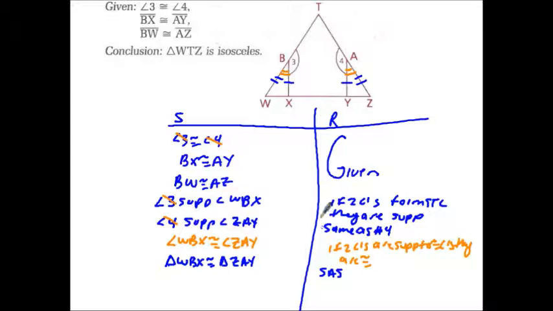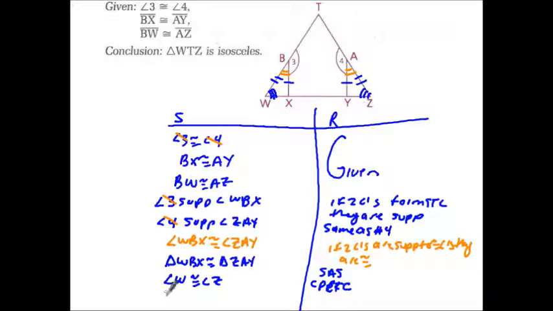Now, if I'm trying to prove that it's isosceles, I either need to have congruent sides or congruent angles. CPCTC tells me that I have congruent angles. I'm going to say angle W is congruent to angle Z, CPCTC. So if these angles right here are congruent, that's enough information to tell me that this big, huge triangle has congruent angles.